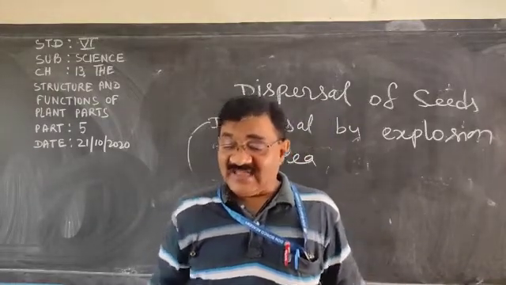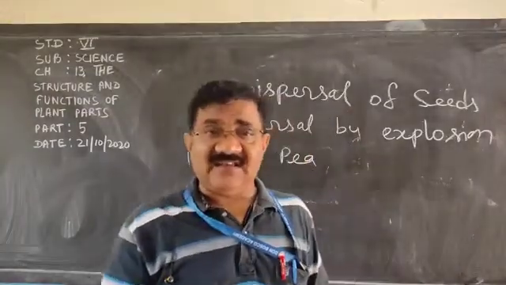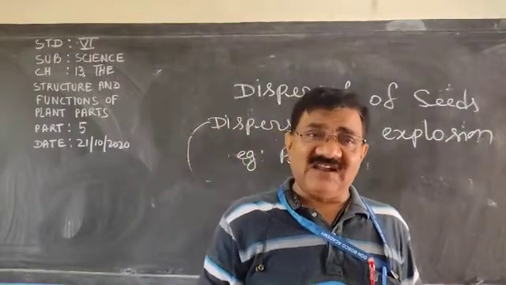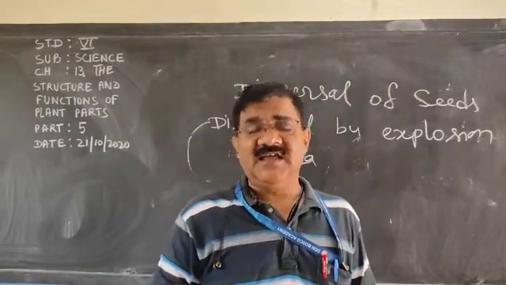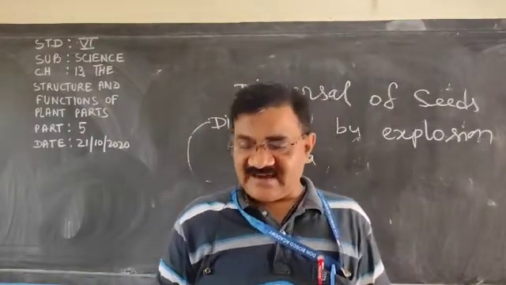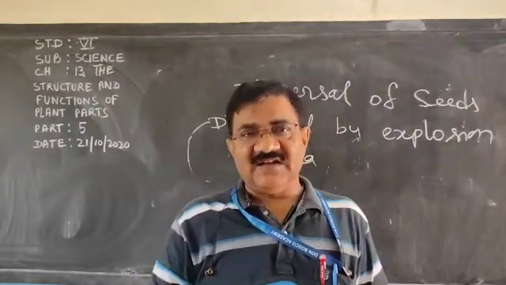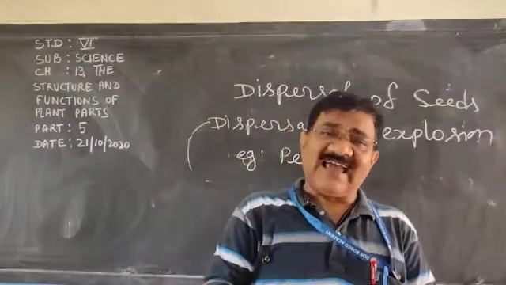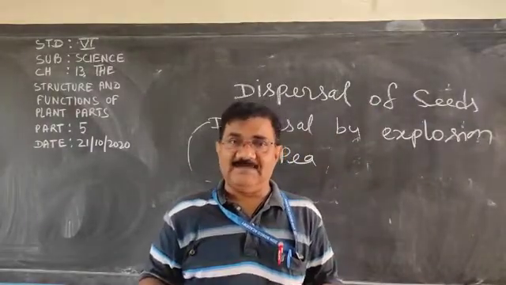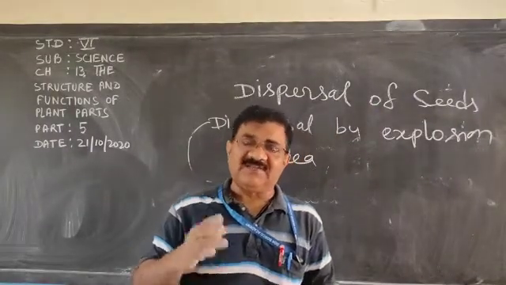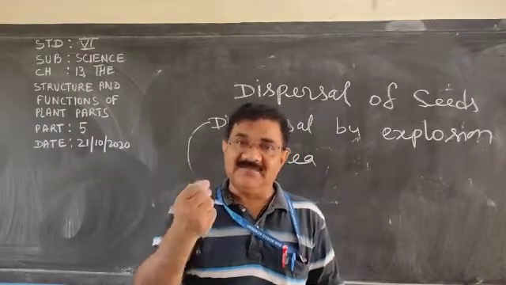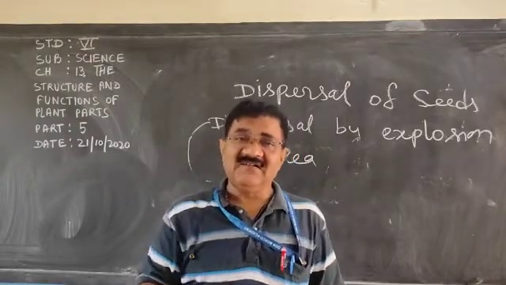That scattering or dispersal may take place by natural agents, by running water, air, insects, animals, by explosion, and special characters are there. For example, if the seed is dispersed by air, it must be light, winged.